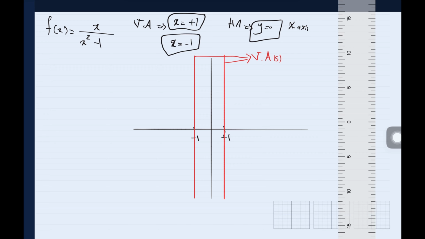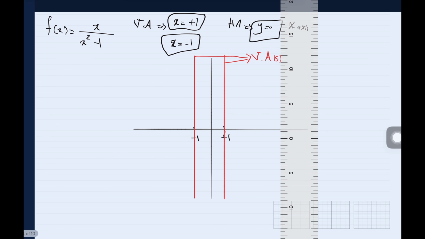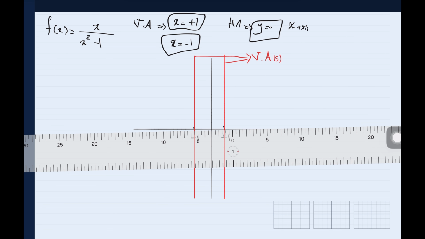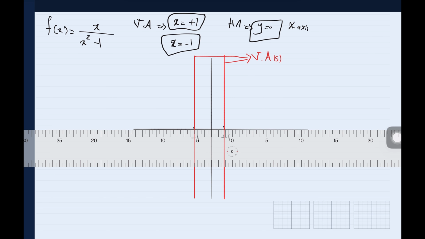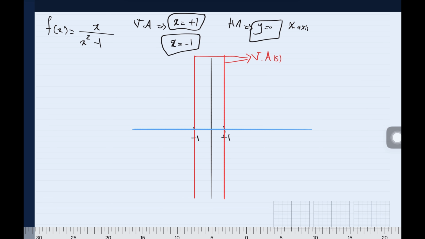But I have another asymptote, which is the horizontal asymptote. So I'm going to use blue color, because at some point the function would be allowed to touch or cross the horizontal asymptote at some few points. Okay, so we said we have E1, one of the ending points would be in the first quadrant, and the other one is in Q3.